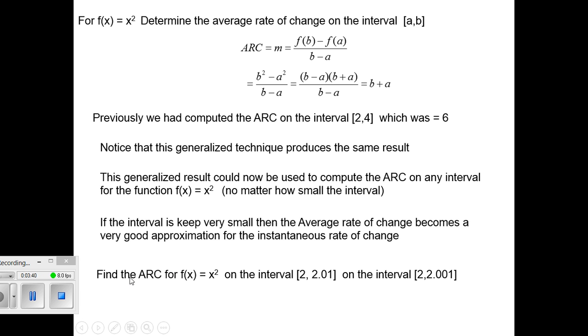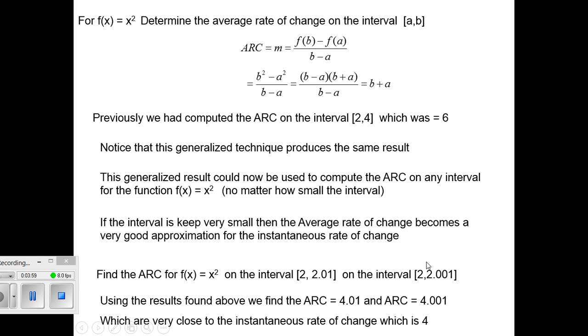So if I said, what is the average rate of change of the function x squared on the interval 2 to 2.01, or on the interval 2 to 2.001, then simply go back to the generalized formula, a plus b, which you can do quite easily.